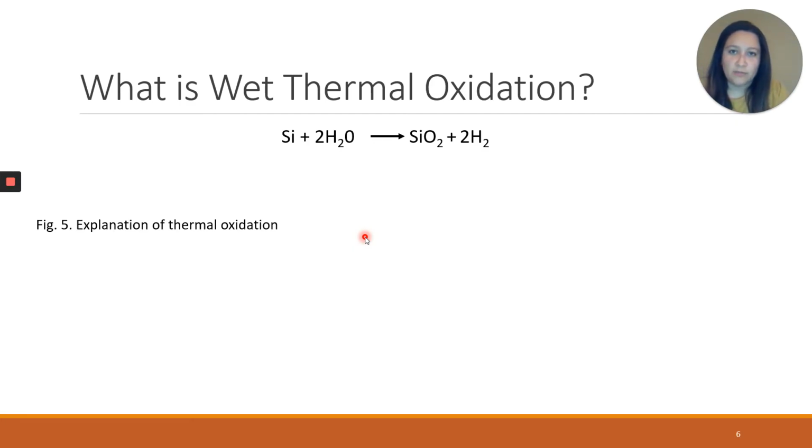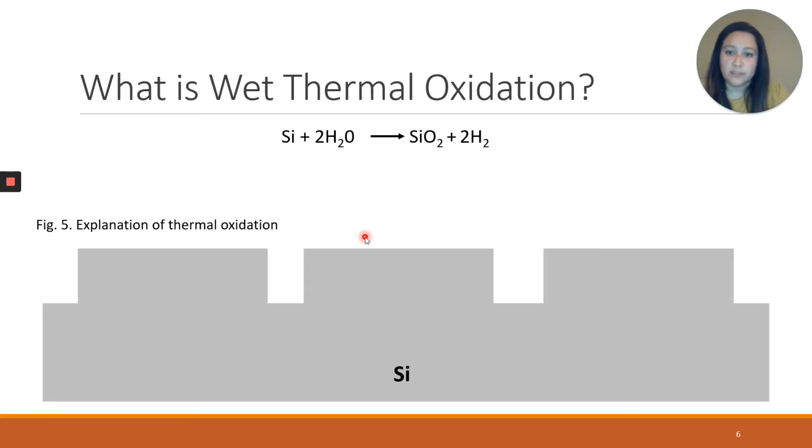So what is wet thermal oxidation? Wet thermal oxidation is the growth of silicon dioxide onto a silicon substrate. For example, the silicon substrate here is a trenched sample.